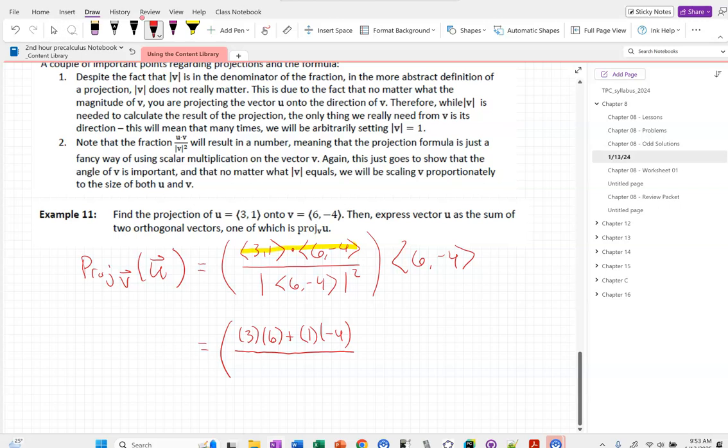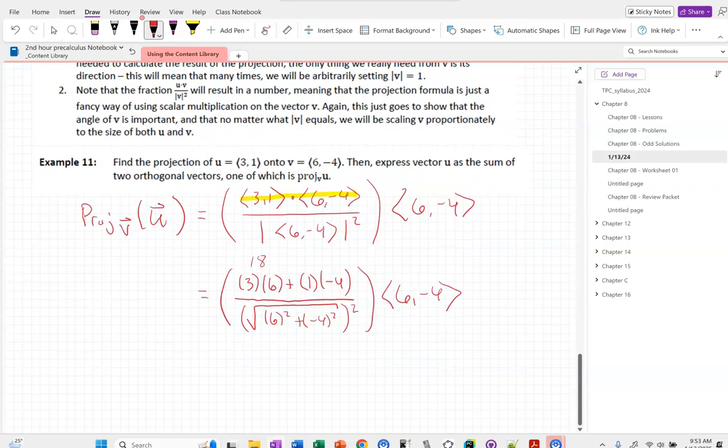In the denominator, then, we have the magnitude of v squared. How do I calculate the magnitude? It's the square root of the x component squared plus the y component squared. Is everybody okay with how I've used my formulas to start picking away at this thing?